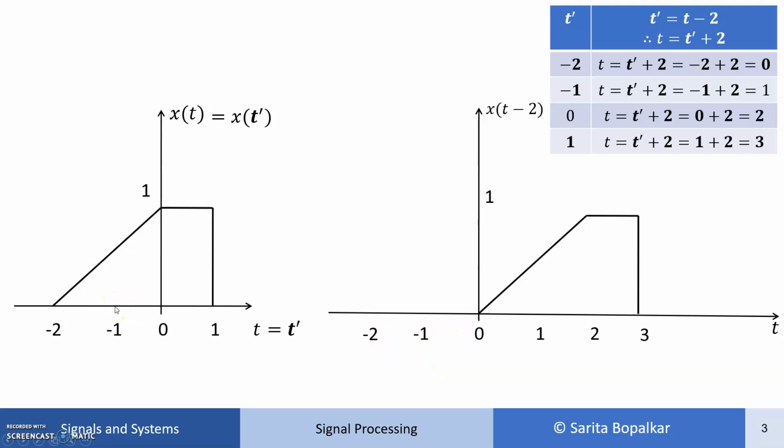Similarly, t dash equal to 0 is shifted by 2 time units, and this amplitude gets shifted to t equal to 2. Using this table, you can cross verify your answer. This table is required just to cross verify. Otherwise, you can directly shift your original sequence towards the right by the given time unit, by which you want to delay the sequence. This is for the continuous time signal.